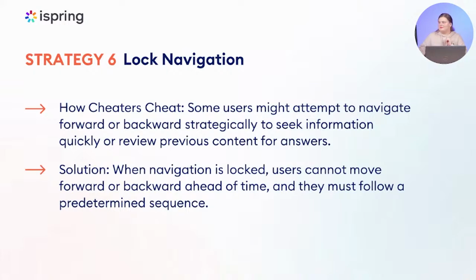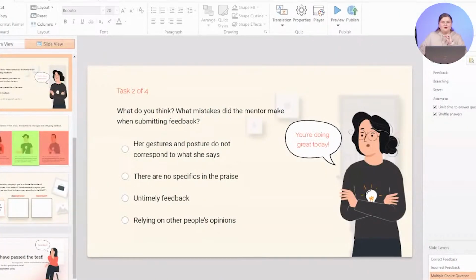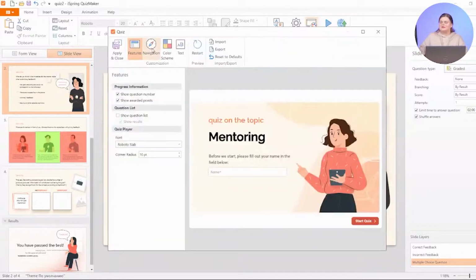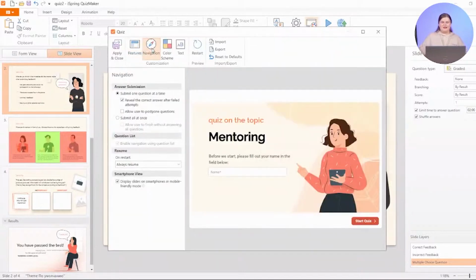So now let me show you how it all works in iSpring. So now I will need to go to player. Here we go. And go to navigation. So let's take a look at the answer submission section. Here we have the option, submit one question at a time.